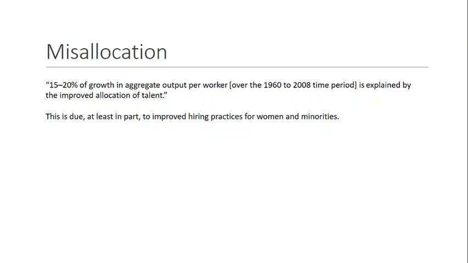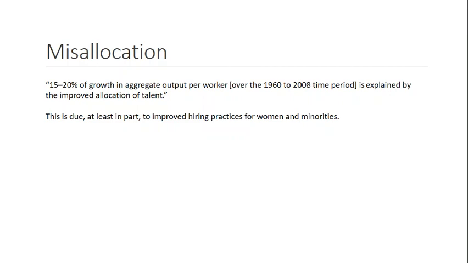So that's misallocation, right? We have a resource, educated women or capable minorities or whatever it may be, that is not being correctly utilized, and the result is a reduction in productivity. Even though we've invested in human capital, and we have this capital that's ready to go, right?